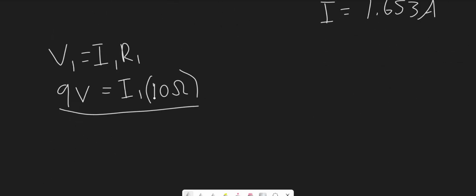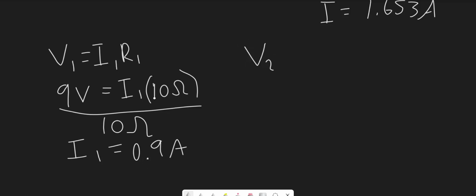This might look a little familiar actually, because this is just Ohm's law with subscripts, of course. So we know the voltage is going to be constant, which we were given as 9 volts, and the current we don't know because it varies depending on how much resistance there is, and R1 was 10 ohms, so if we divide both sides by 10 ohms, you'll see that the current flowing through resistor 1 will be 0.9 amps. And to find the current flowing through resistor 2, we just do V2 equals I2 R2.